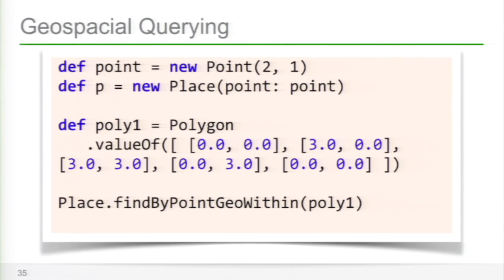It doesn't really fit on the slide properly, but it is a polygon. And then you can use methods like findByPointGeoWithin to check whether a particular point is within the given polygon. What you pass into geoWithin can be any polygon or multi-line string or multi-polygon, or any of the GeoJSON types, to do any kind of geospatial querying.